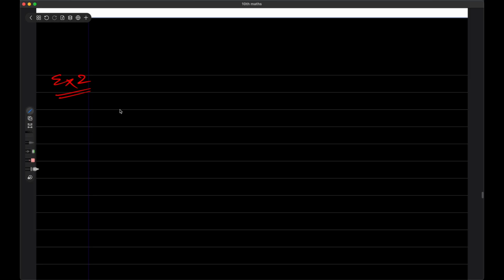We are given the quadratic polynomial x square plus 7x plus 10. We have to first find the coefficients a, b and c, and alpha beta.